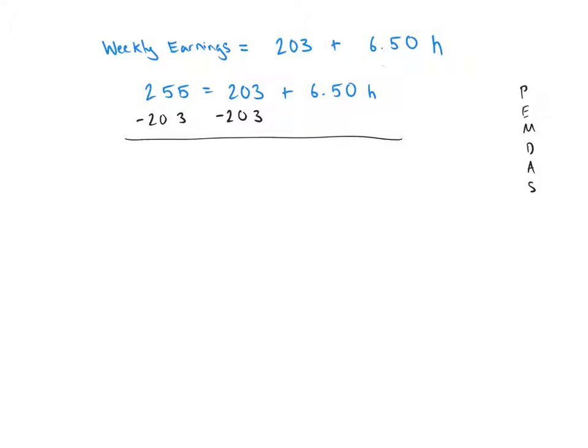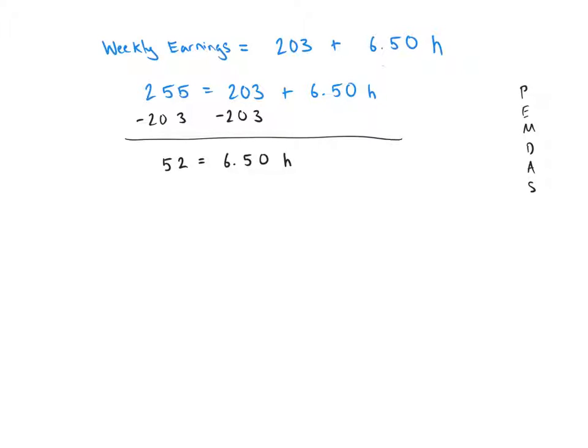Alright, so on the left side we are left with 255 minus 203 is 52. And on the right side we're left with 6.50 times H. Okay, so on the right side we have nothing left to add or subtract, but we do have a product, so we can do either division or multiplication next.